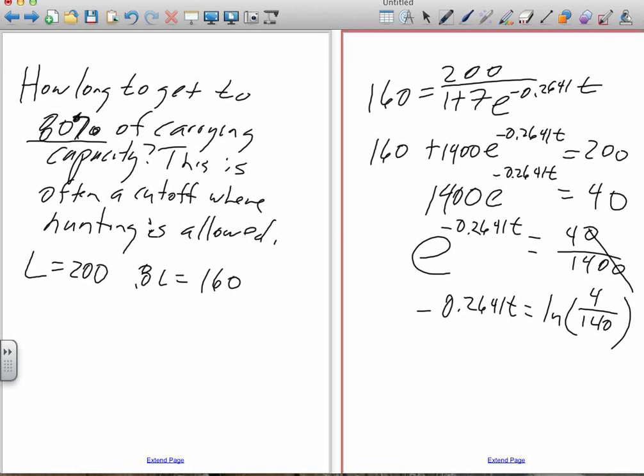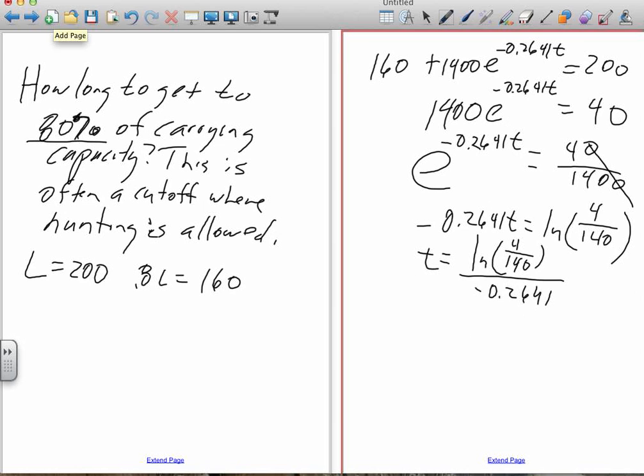Go ahead and cross those out. Or t is going to be ln of 4 over 140 divided by negative 0.2641. And when I plug this in, t is approximately 13 and a half years.